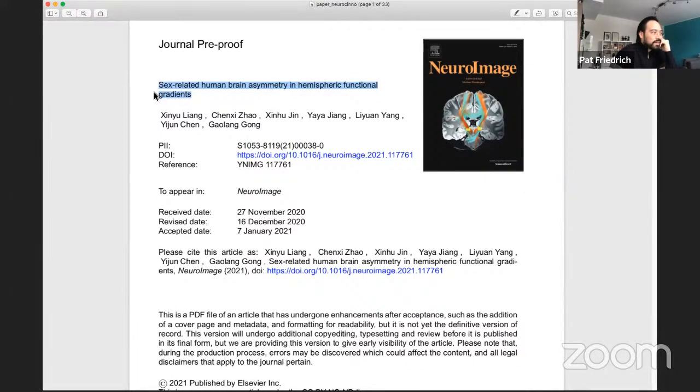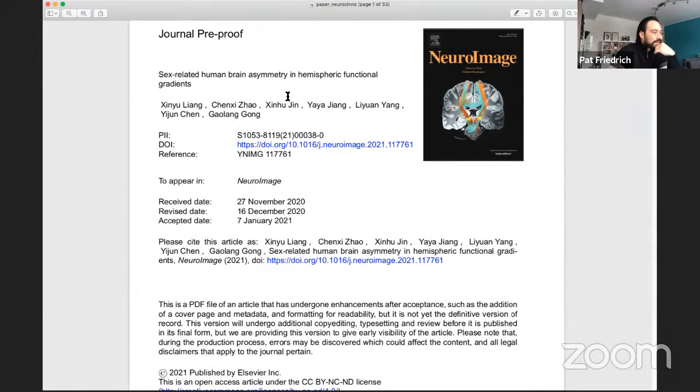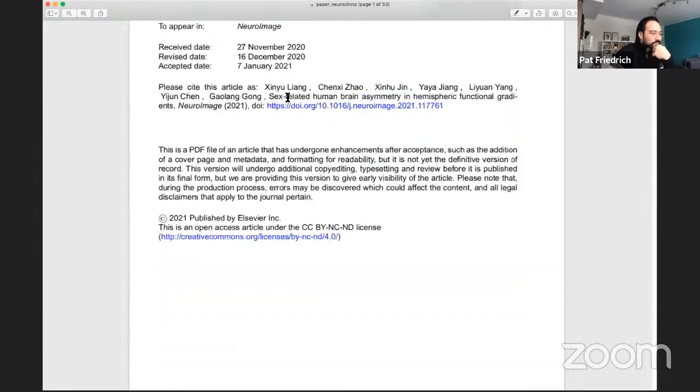Today I want to talk about this paper by Liang and colleagues, which is in pre-proof and will most likely be published soon in NeuroImage. It's about sex-related differences or asymmetries in the hemispheric functional gradient. Hence, it's right on the topic of gradients.